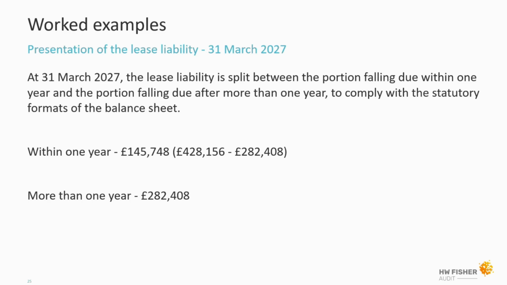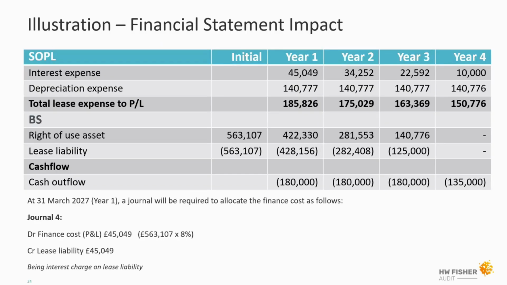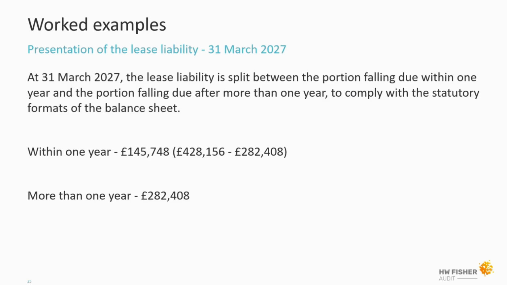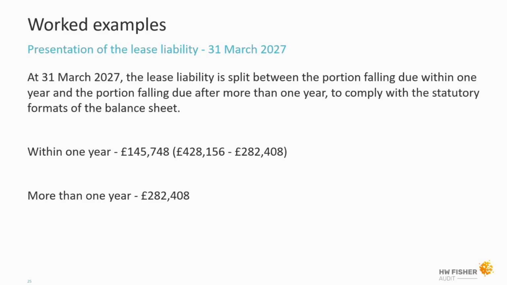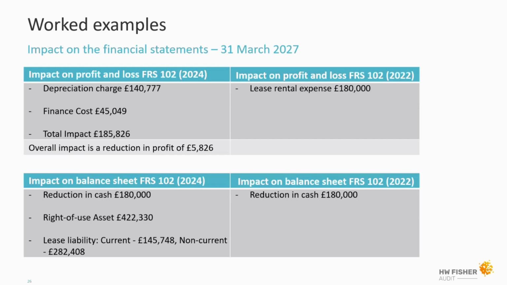So here we go, we've got this £145,000 that we're expecting to be paid out, that's the 282, and then you're going to split that between your current and your non-current. So something again to think about, potentially, if you don't have non-current liabilities at the moment, thinking about those stakeholders that might be surprised to suddenly see it in the balance sheet like that. But don't forget to break it out.